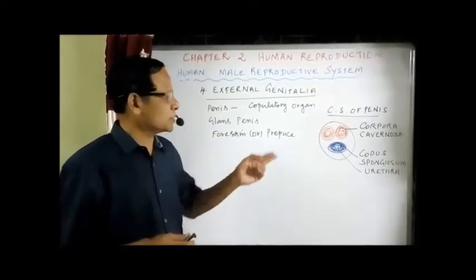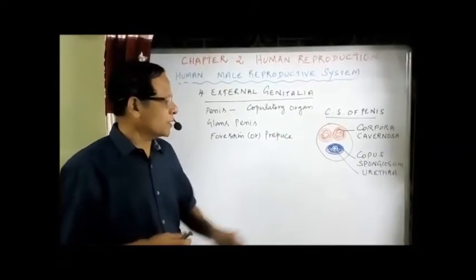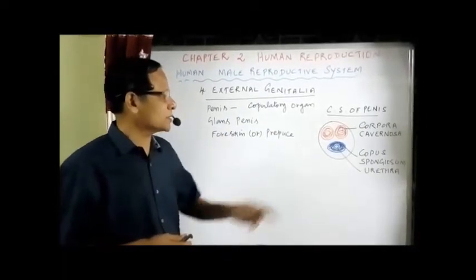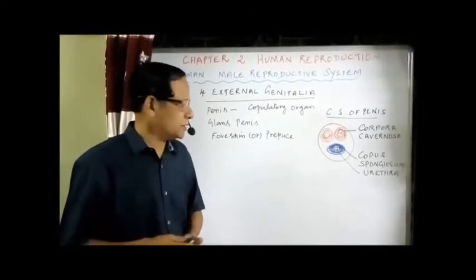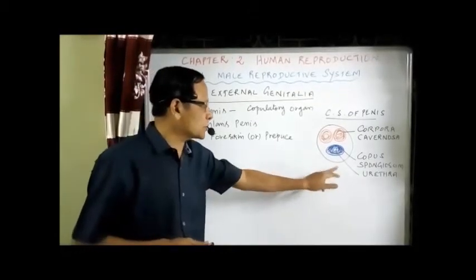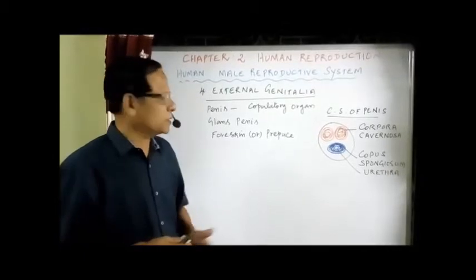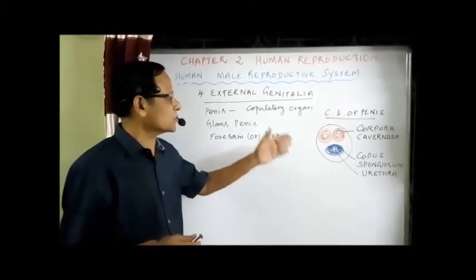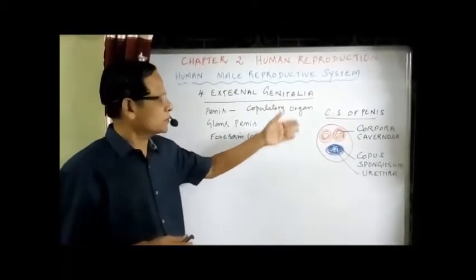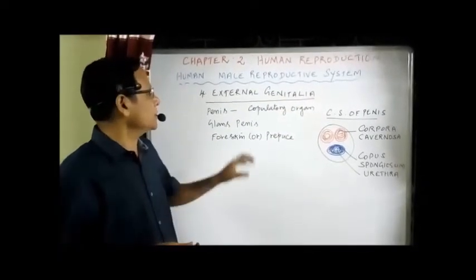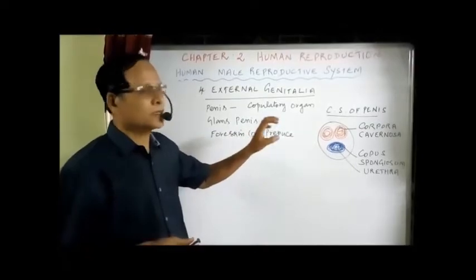So two laterally placed corpora cavernosa and one corpus spongiosum, three sets of muscles forming the penis. The urethra passes through the lower corpus spongiosum. That's the simple structure of muscles present in the cross section of the penis. With that I conclude the male reproductive system.